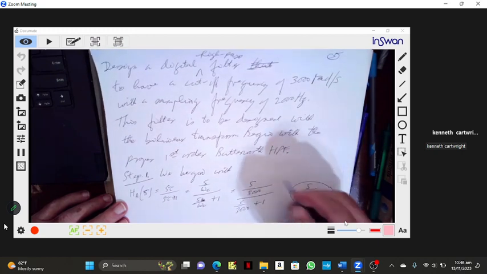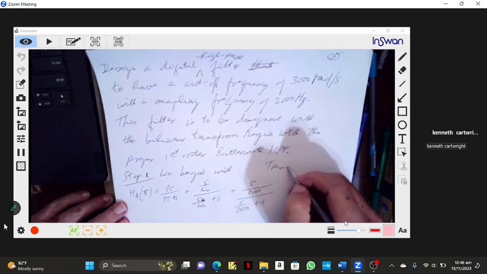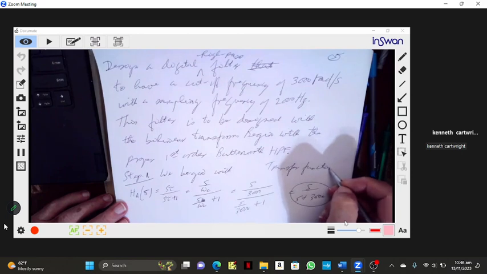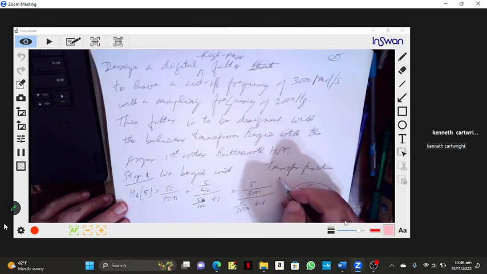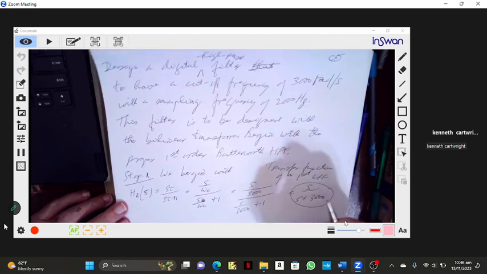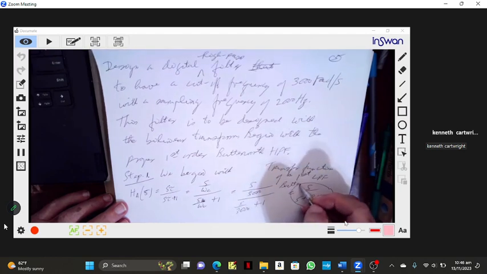So this here is a transfer function of a first order Butterworth.